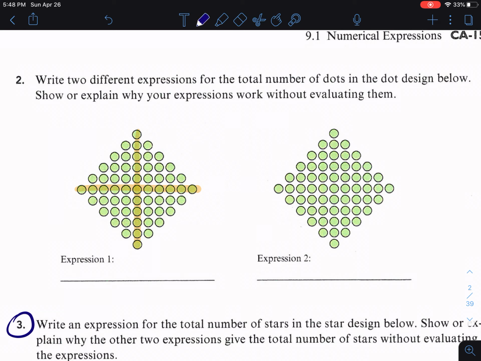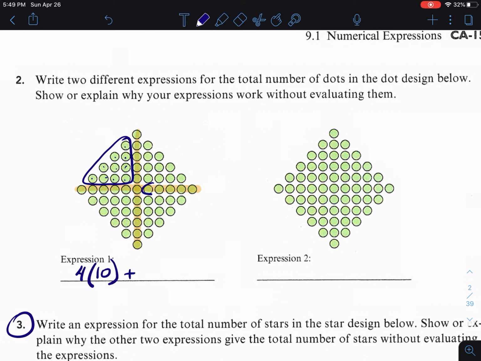So for one of the expressions, we'll split this rhombus into 4 regions. It'll split into the actual T, or the cross that's in the middle, and then these regions. So there are 4 of those triangular regions, and they have 1, 2, 3, 4, 5, 6, 7, 8, 9, 10 dots each.